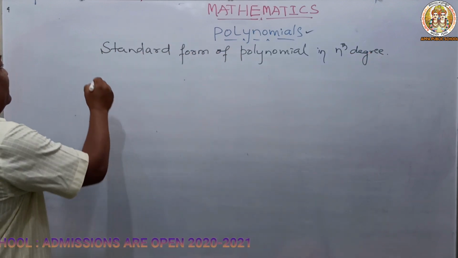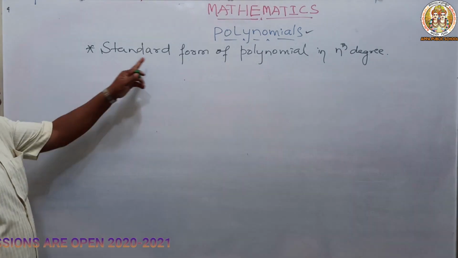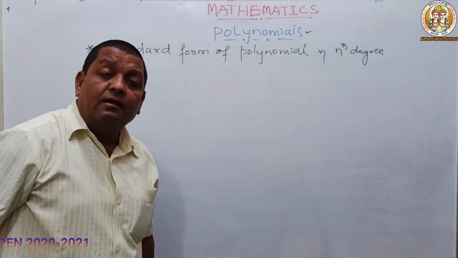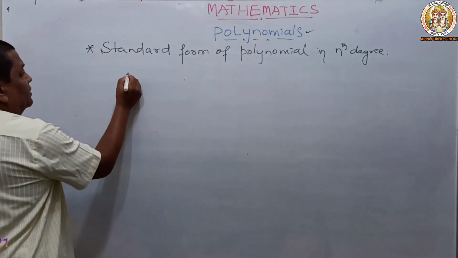Okay, so this is the standard form of polynomial in nth degree. So how to write? You see.